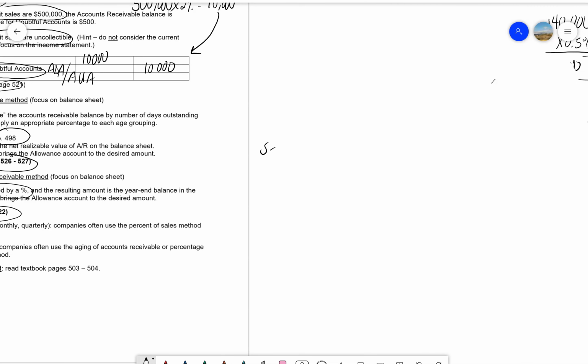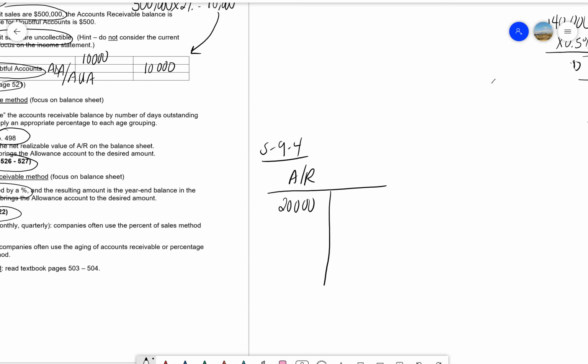Now in Starter 9-4, this is at the end of 2020. Now, we're told that at the end of 2019, the accounts receivable balance was $20,000.